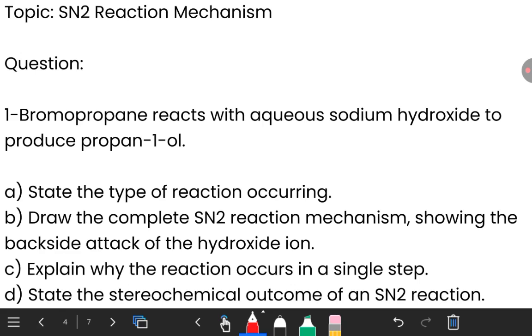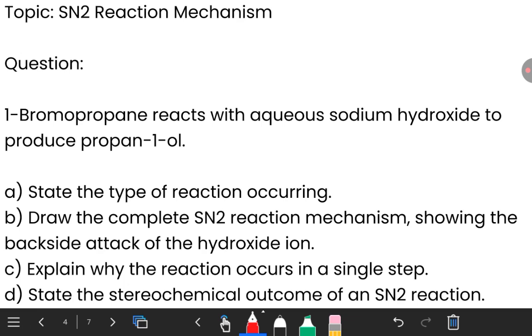Then the next question is: draw the complete SN2 reaction mechanism showing the backside attack of the hydroxyl ion. So we've drawn this. Then the third question is: explain why the reaction occurs in a single step.